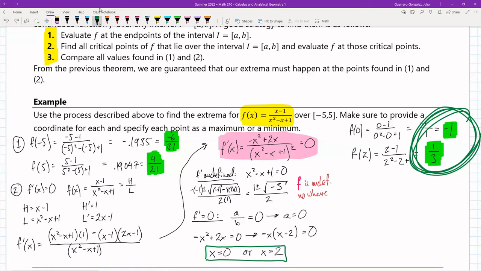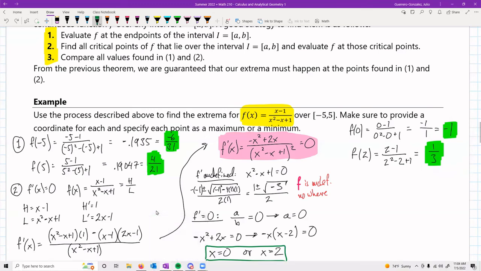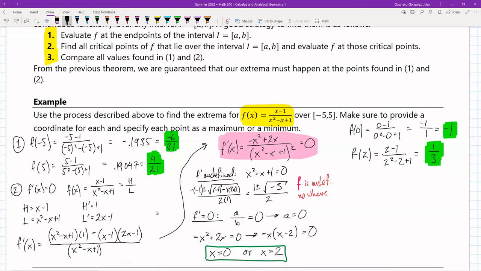So now all that gets to happen is we just get to decide. Step 3 is basically comparing all of our values from step 1 and step 2 and seeing which one's the biggest and which one's the smallest.